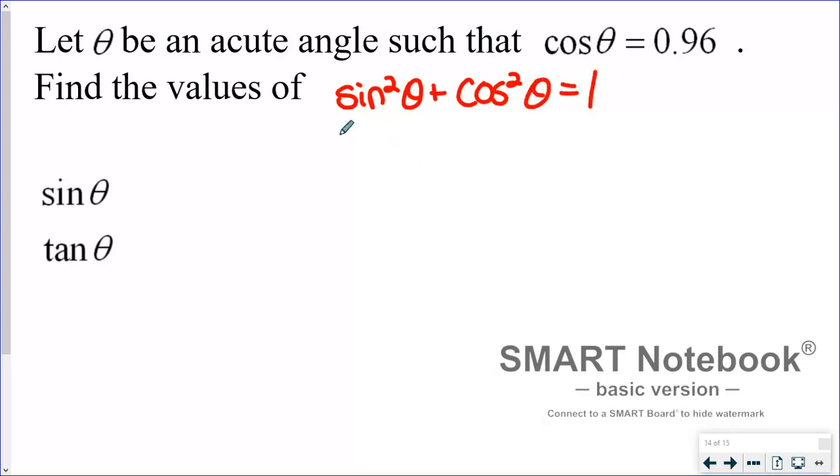Well, cosine theta is 0.96, so cosine squared theta is 0.96 squared. If you do 0.96 squared in the calculator, you get 0.9216.